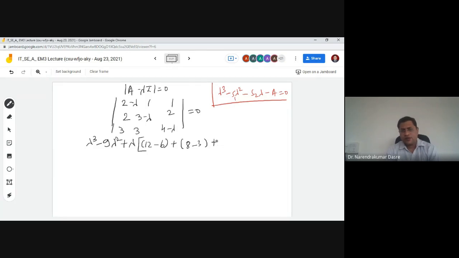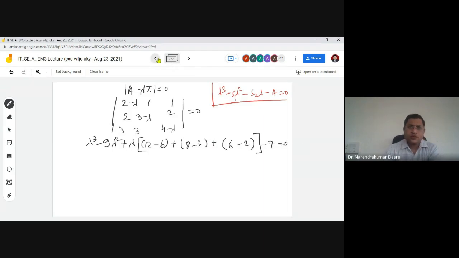Then the minor of this 4: 2, 3 are 6 and minus 2. And the determinant we have calculated is 7, which is equal to 0.